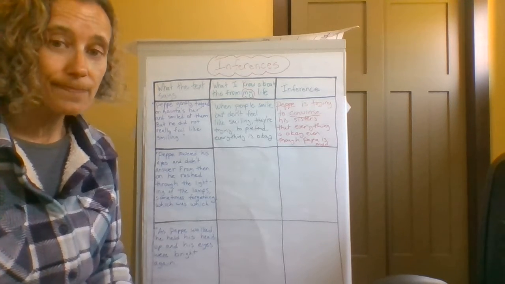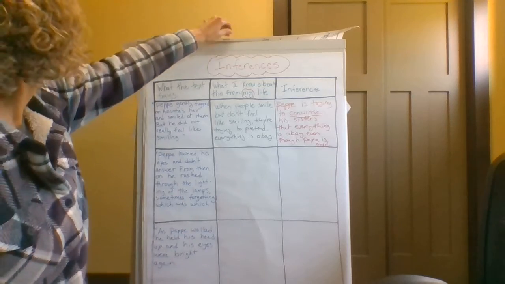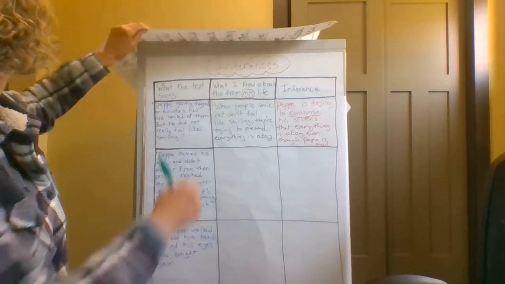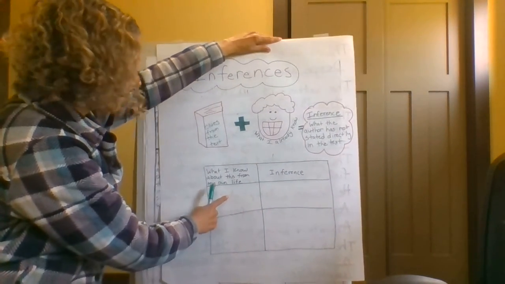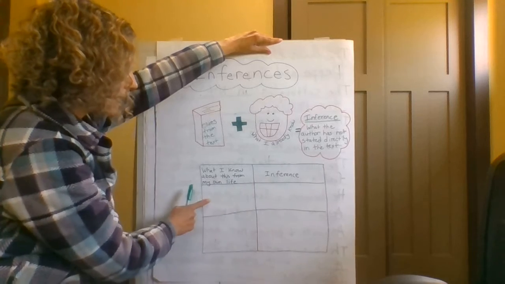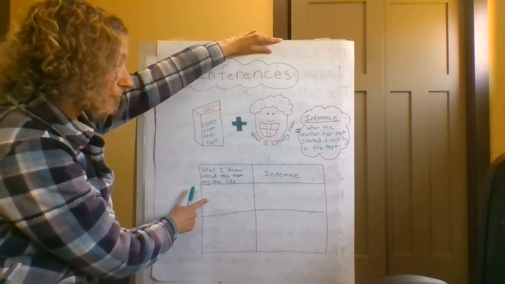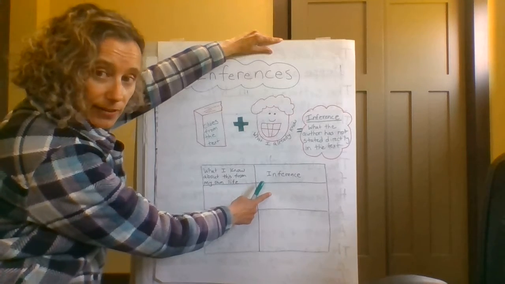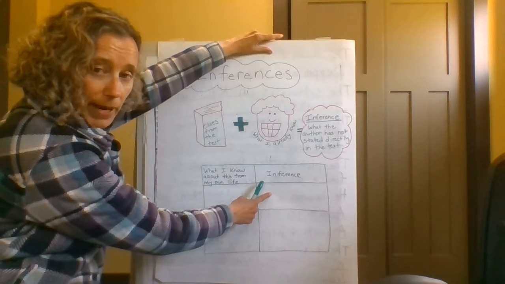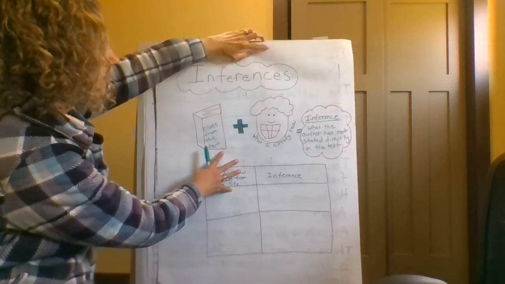Okay, writers, I want you to write down here in this first box, what do you know about this from your own life? And then I want you to write an inference that you can make about how Pepe is feeling.